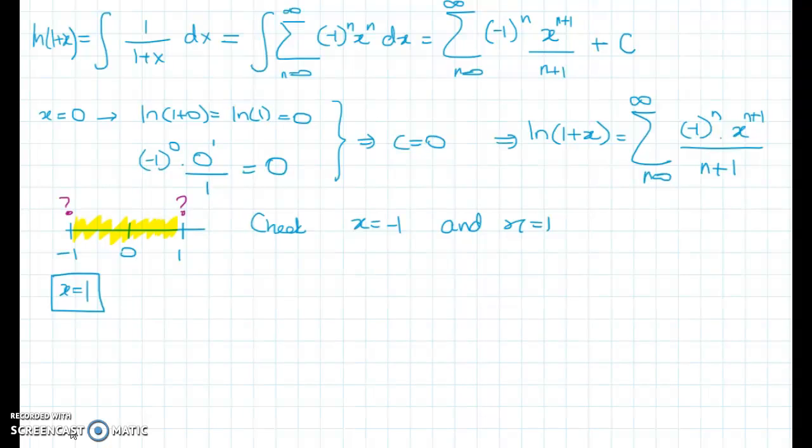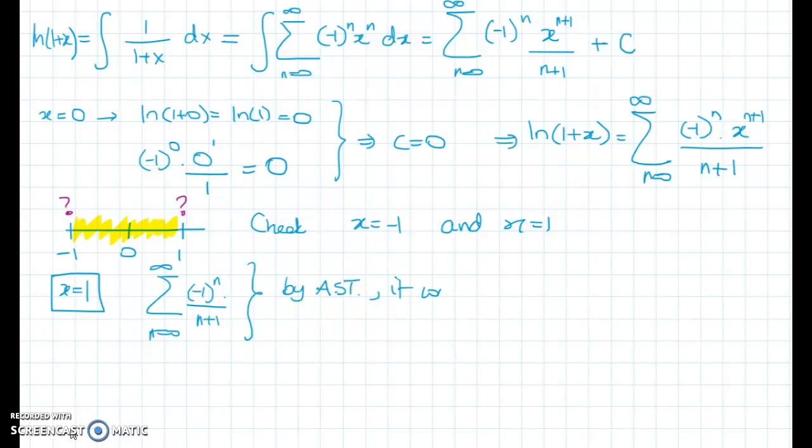Let's see what happens when x is exactly 1. Then we are going to have the sum from 0 to infinity of -1 to the power of n, and then 1 to the power of n plus 1, so just 1 over n plus 1. This is the alternating harmonic series, starting one step further, and with the sign change, that doesn't really matter. By the alternating series test, it converges.